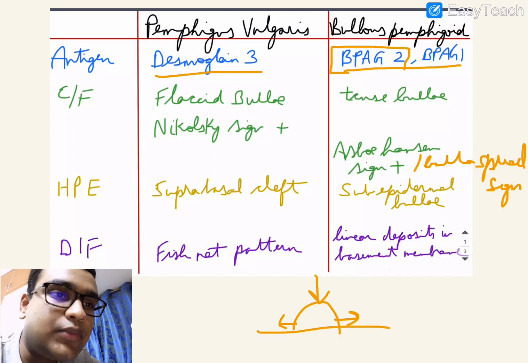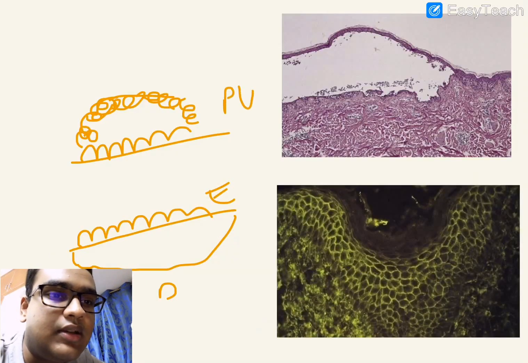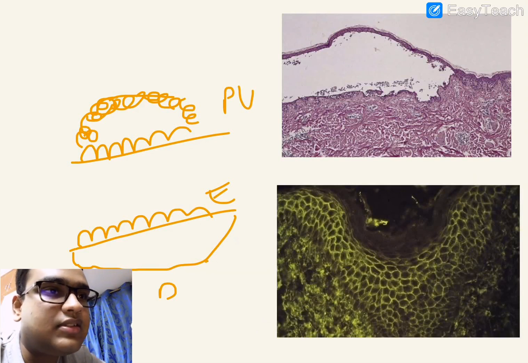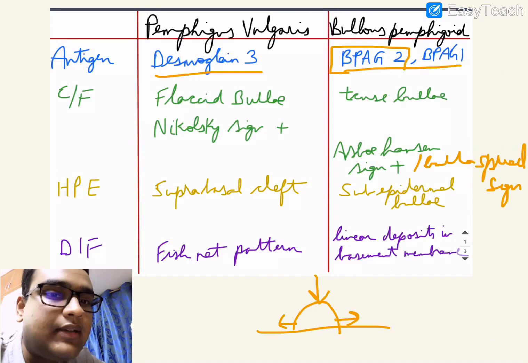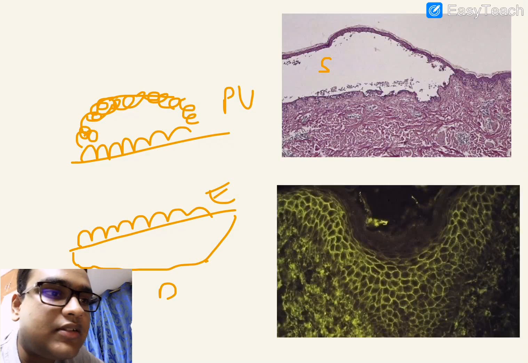Histopathologically, you find a suprabasal cleft in pemphigus vulgaris, as I showed here, whereas in bullous pemphigoid you find a subepidermal cleft. And in direct immunofluorescence, you find a fishnet pattern in pemphigus vulgaris, whereas in bullous pemphigoid you find linear deposits in the basement membrane. Here is a picture of a DIF in pemphigus vulgaris.